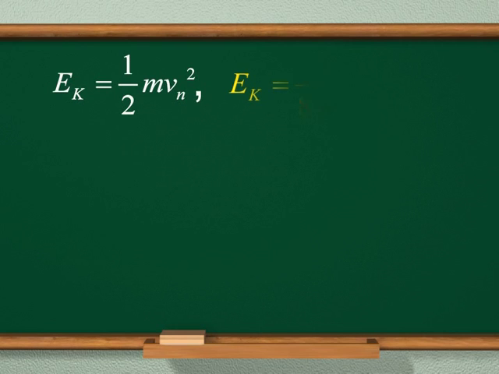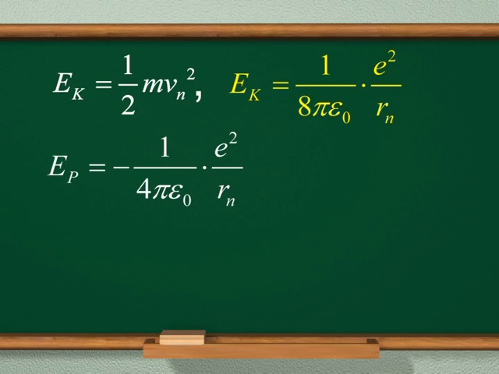It is further equal to 1 by 8 pi epsilon naught into e square divided by Rn, whereas electrostatic potential energy Ep is equal to minus 1 by 4 pi epsilon naught into e square divided by Rn. Total energy En is equal to minus 1 by 8 pi epsilon naught into e square divided by Rn.